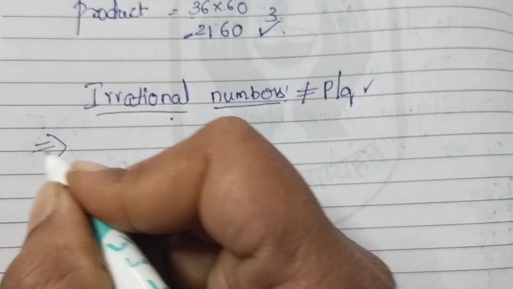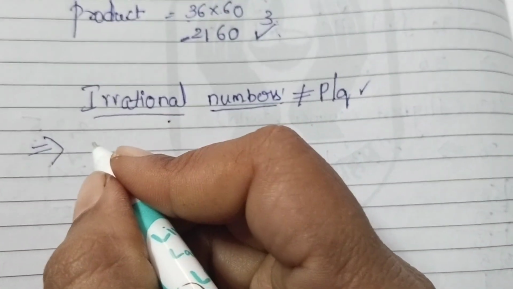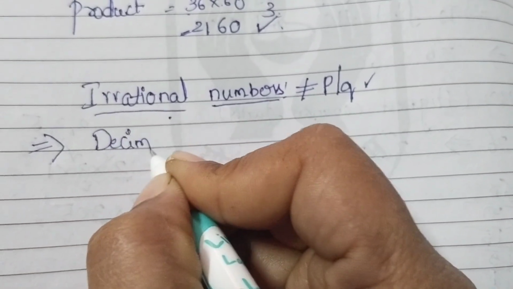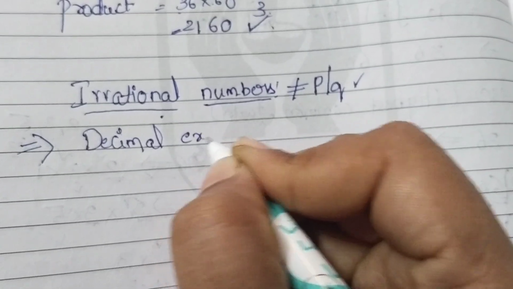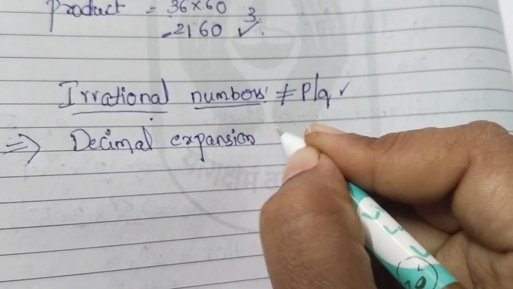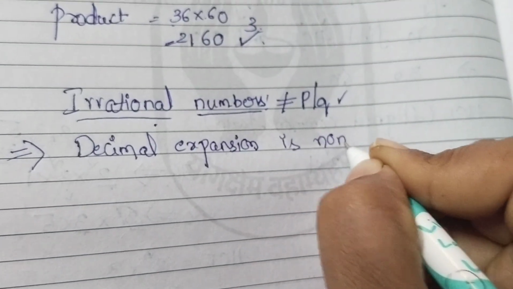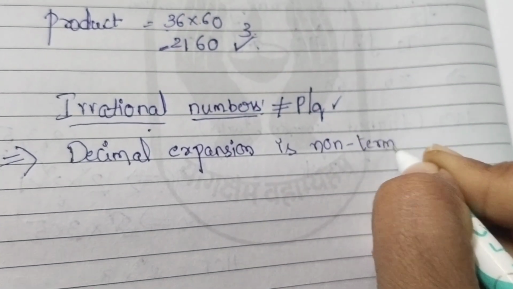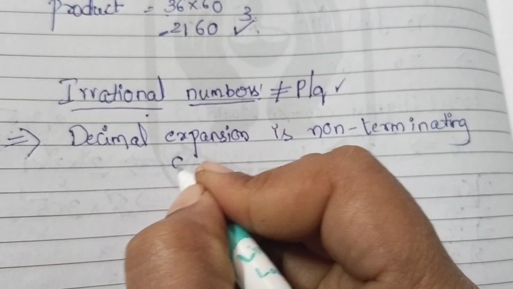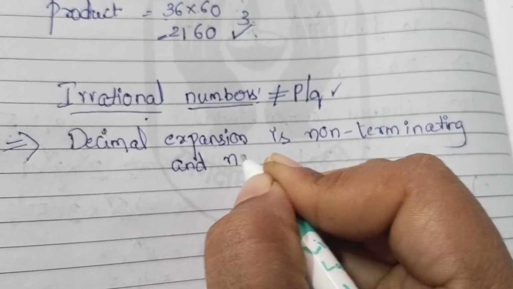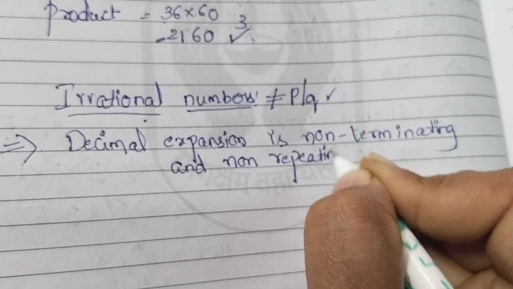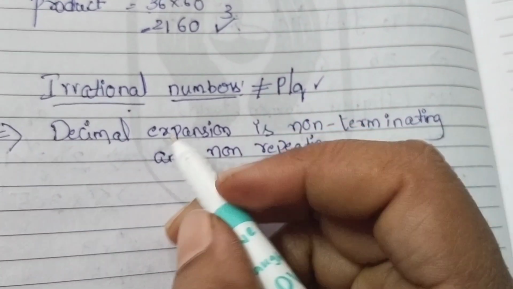You can easily understand whether it is a rational or irrational number depending on the statement I am giving now: the decimal expansion is non-terminating and non-repeating. I'll explain this definition for rational numbers also, how the decimal expansion will be.